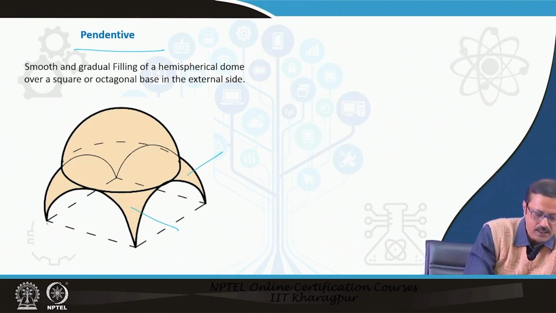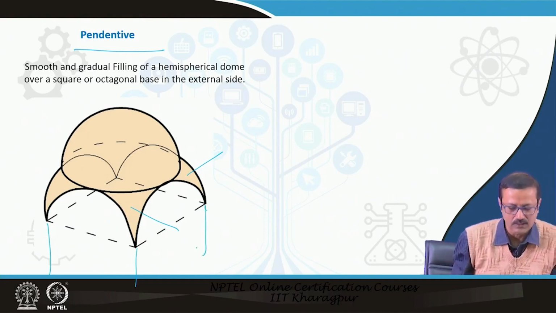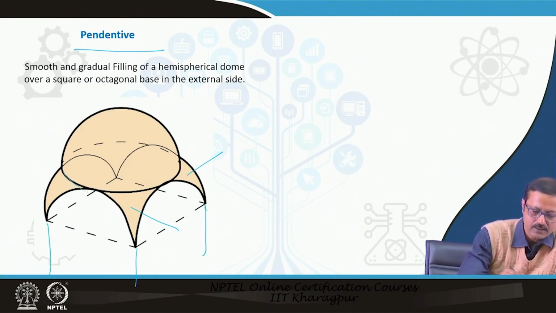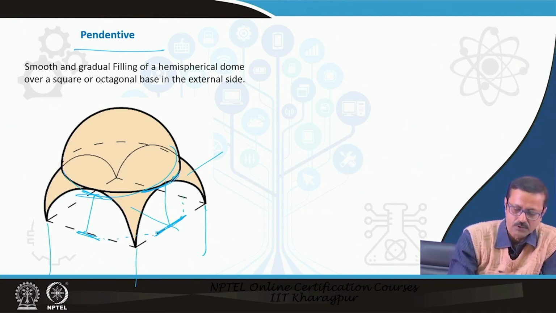So, finally, I have a square kind of room or wall, and this is a dome whose central portion is just above this portion. So, it is tangential, but if you see the footprint, it is something like this, the other part of the dome.